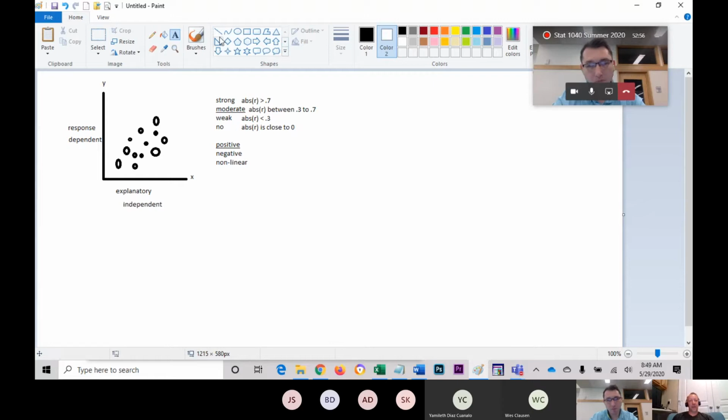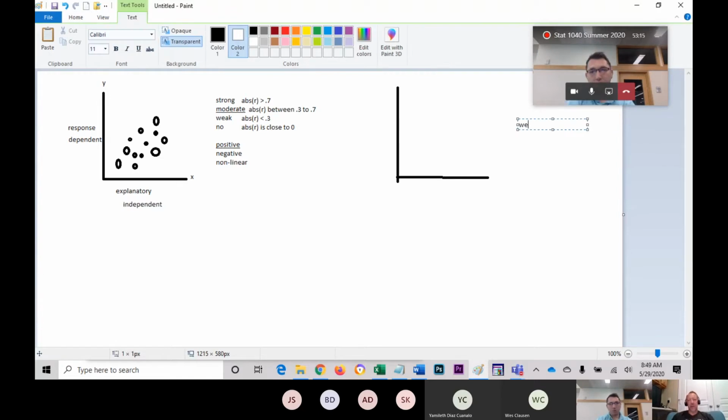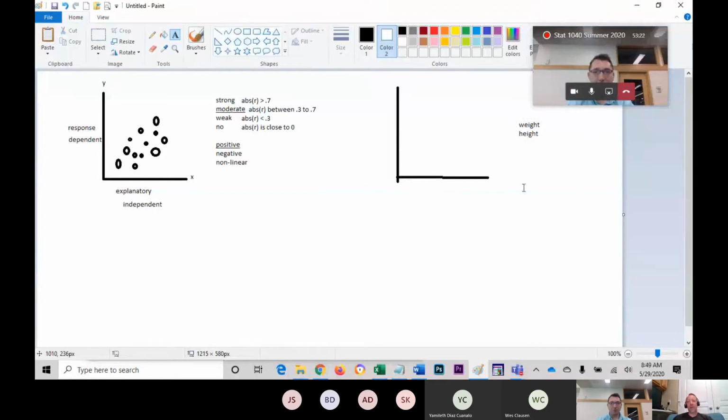But let me do another one here that's a little bit easier. Let's say that I'm trying to decide this, and that's why I'm not super strict on the explanatory, the independent variable. Let's talk about two variables here: a person's weight and a person's height. First of all, do you think a person's weight and a person's height might be correlated? Yes.